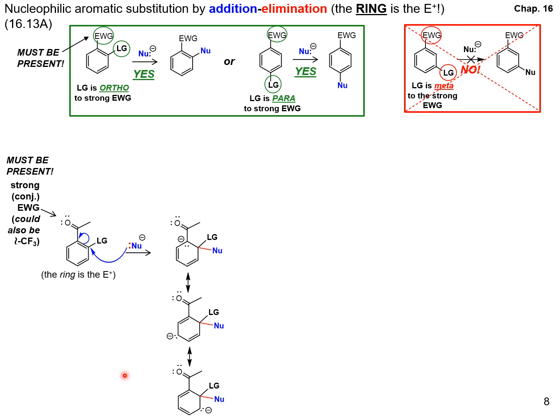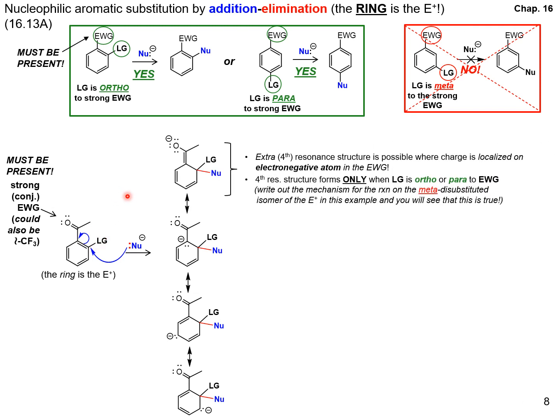Now this reaction will only work if you have this electron withdrawing group directly attached either at the ortho or para position relative to the leaving group. And the reason is you end up with a fourth resonance structure. That means that the minus charge is further delocalized, which lowers the activation energy for the formation of this intermediate.